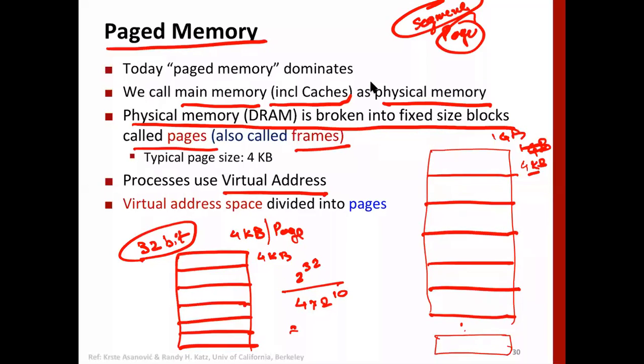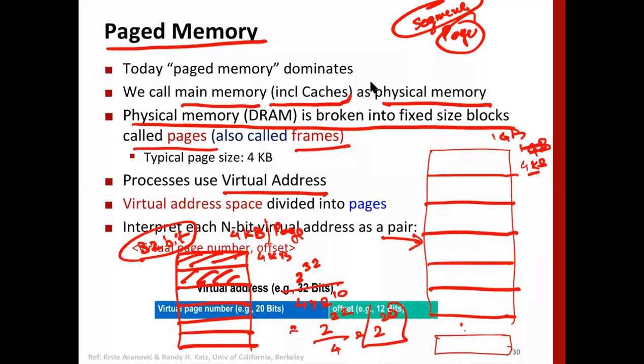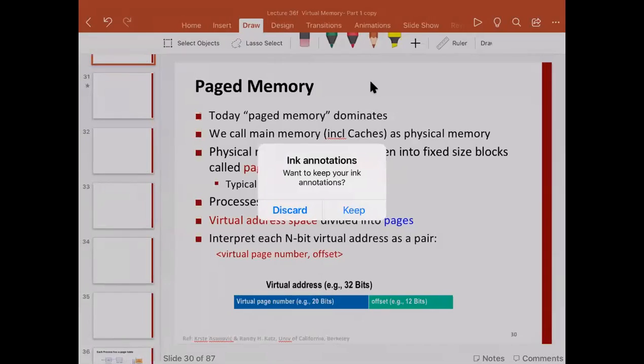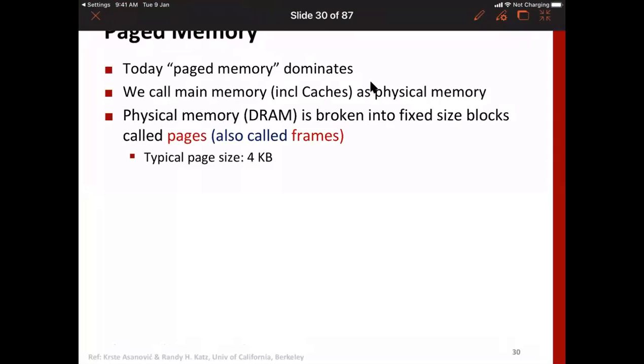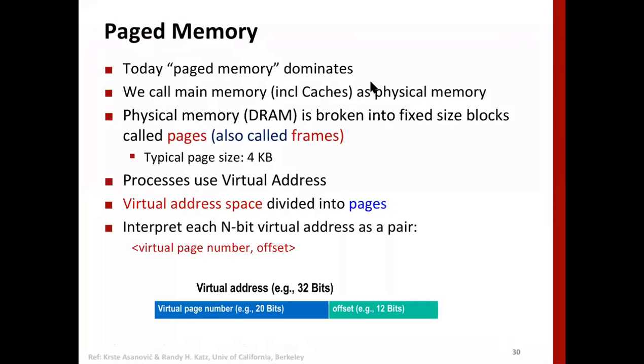So essentially it is 2 raised to power 32 divided by 2 raised to power 12, which is 2 raised to power 20 pages in the virtual address space. And some of them may reside in memory; we'll come to that a little later. So we can visualize a 32-bit virtual address as a virtual page number and an offset.